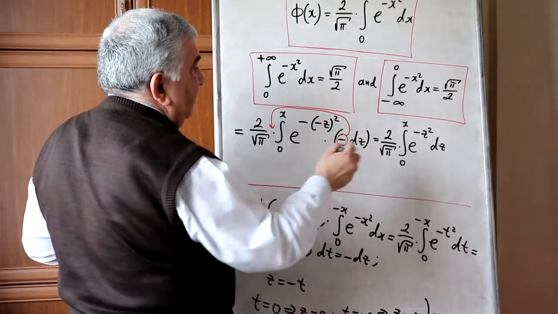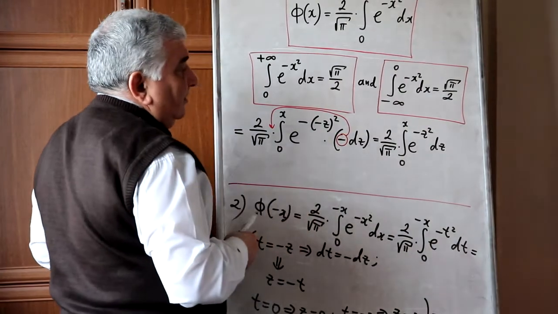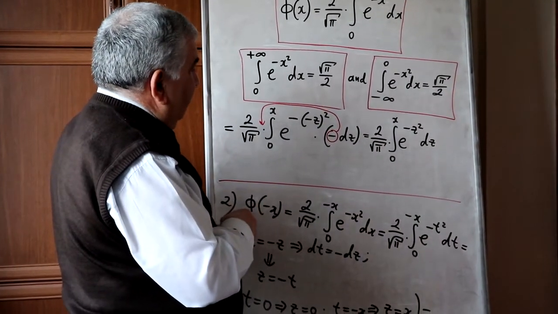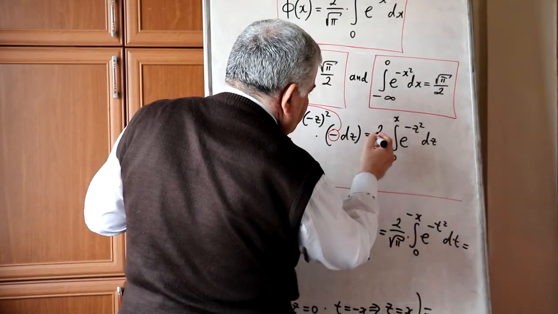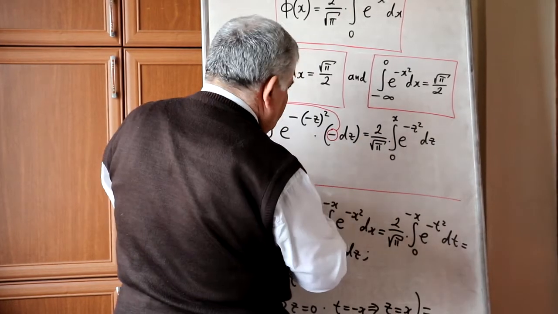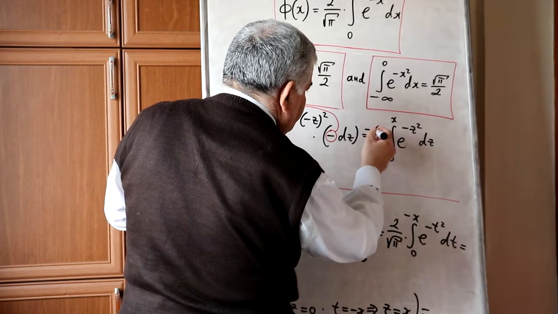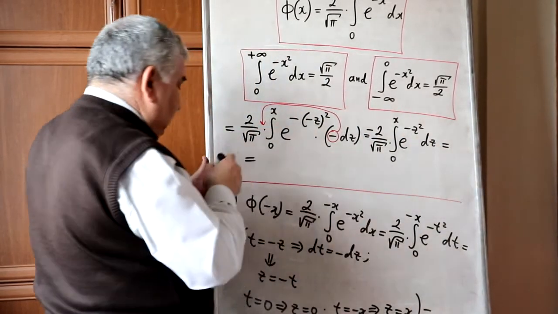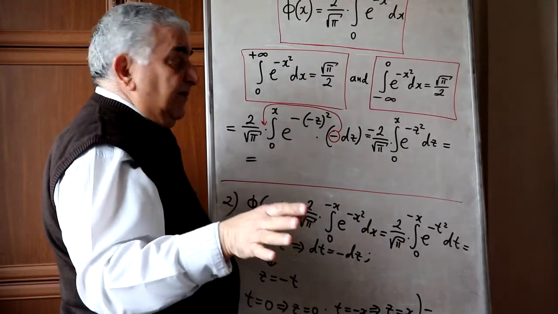And it is again, remember that the value of integral, I'm sorry, I forgot to write minus in front of integral, and again remember that the value of the definite integral doesn't depend on the integral variable.